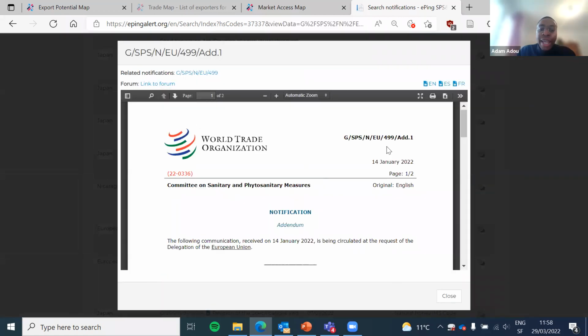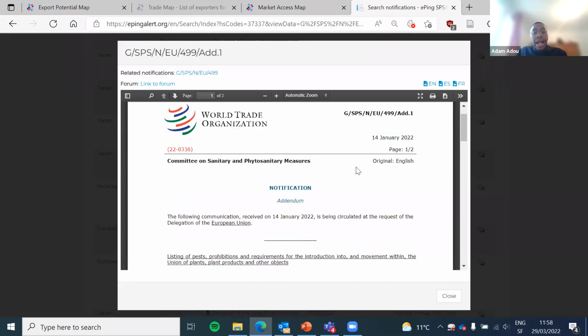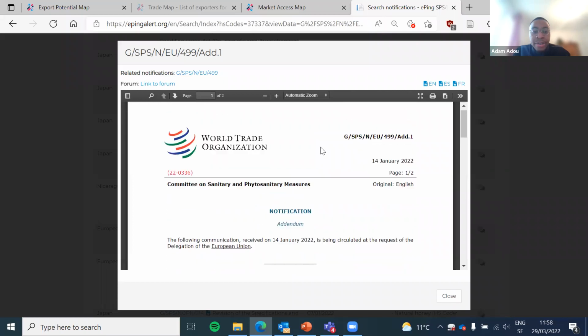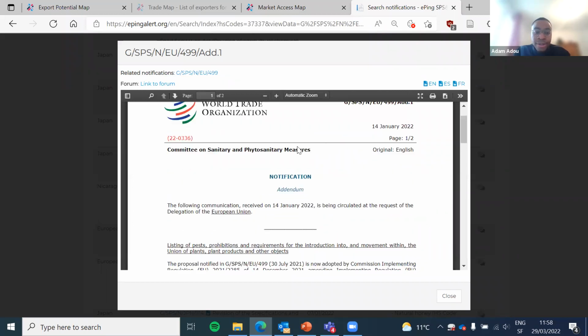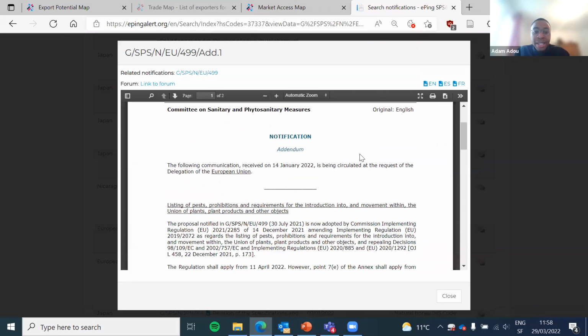you will have this text, because ePing is a collaboration of ITC, WTO, and the United Nations. Thanks to this, you will have a basic text explaining the notification. It's kind of a translation of the notification.